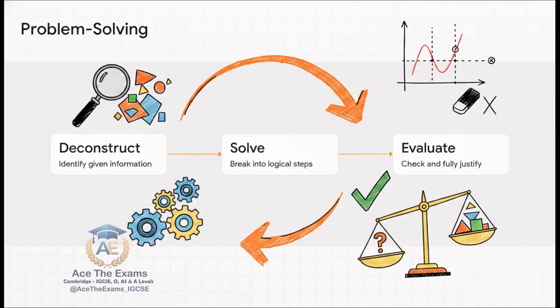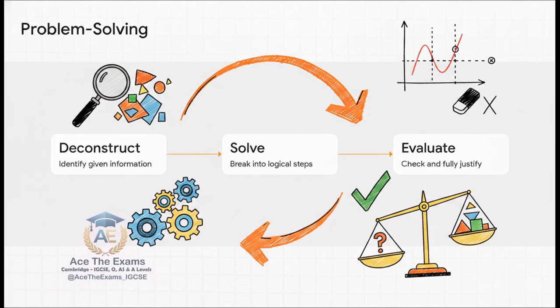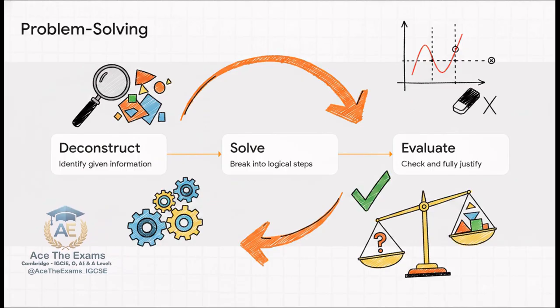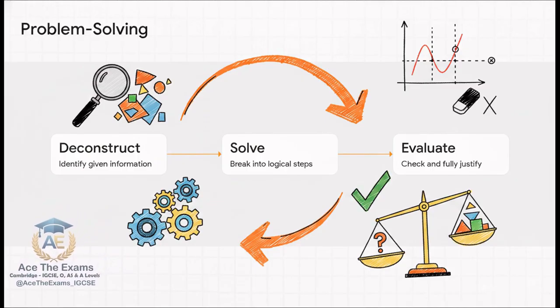Think of your problem solving as a loop. Deconstruct, solve, and evaluate, ensuring every statement is fully justified. Now, let's do challenge number 2. Find the flaw. Listen to this sample paragraph. The function f of x equals x squared has no inverse because x squared is a curve, and curves don't have inverses. Did you catch the flaw?